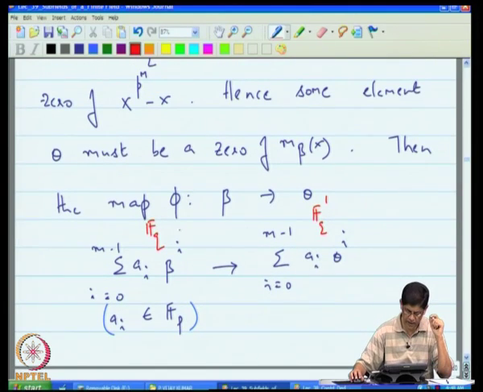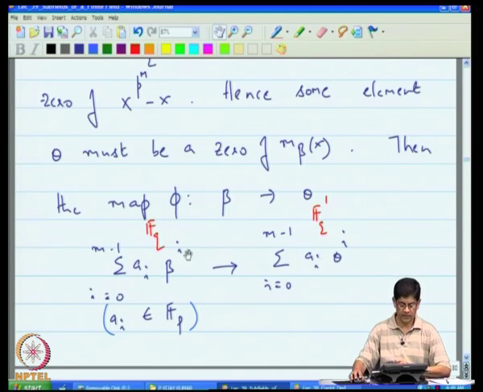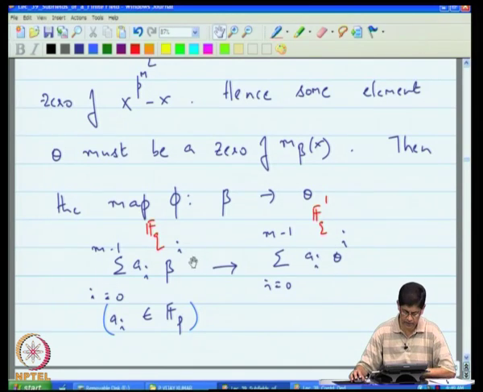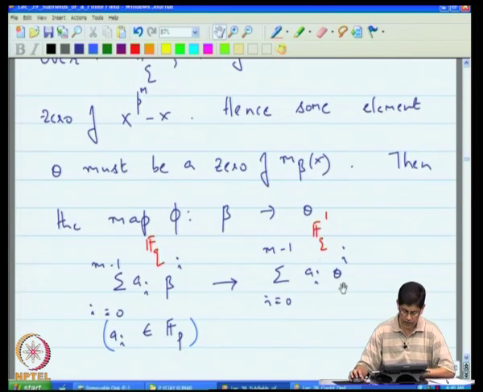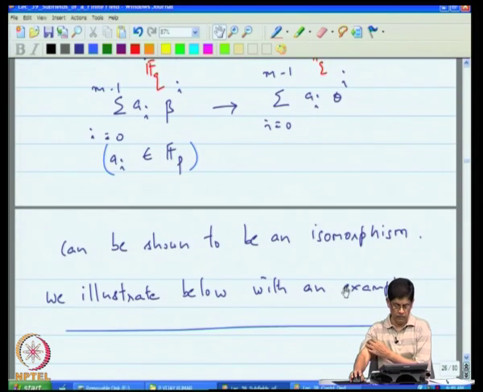So, we have established a map that goes from one finite field to the other, and the way that it works is that it takes every polynomial in beta and maps it to a corresponding polynomial in theta.